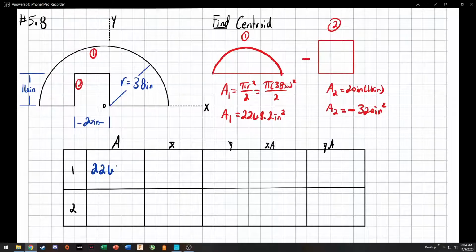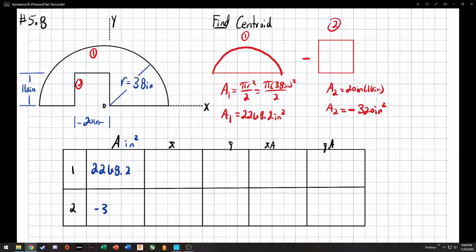We get 2,268.2. Keep in mind this is square inches, and negative 320 square inches. Now we need to find our local y bar and x bar for both of these. So the local y bar for a semicircle is going to be somewhere about right there, and the local for the rectangle, of course, is going to be about the center, half of the width, half of the height, or half of the length.